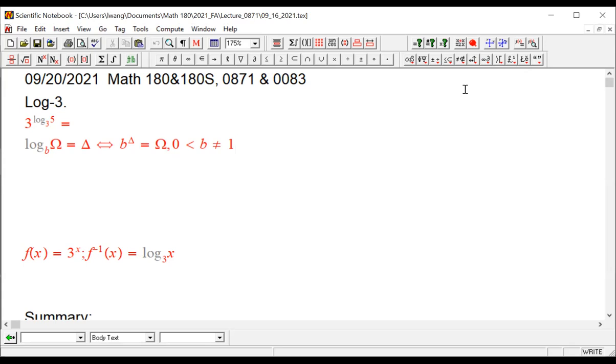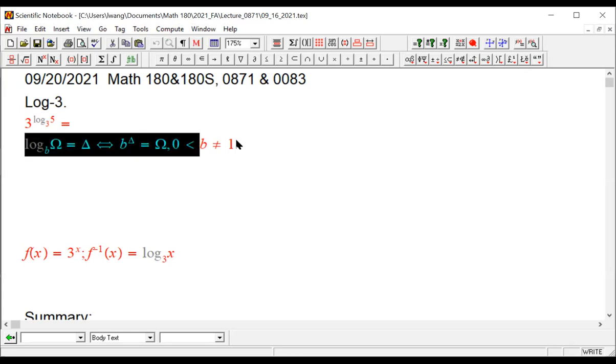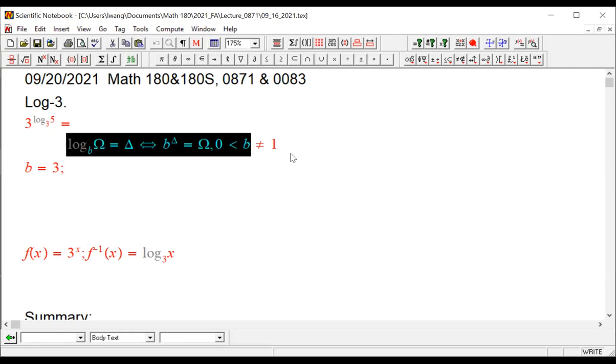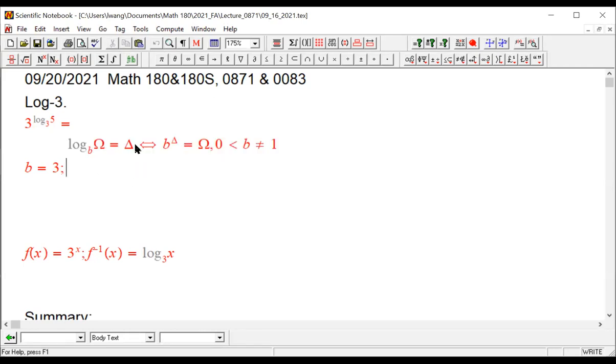Now, when this definition applies to base 3, when the base is 3, what would it become?